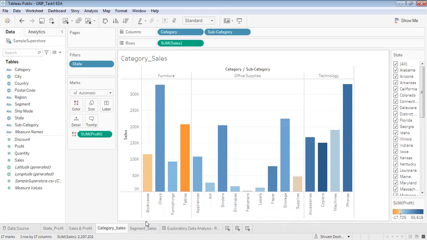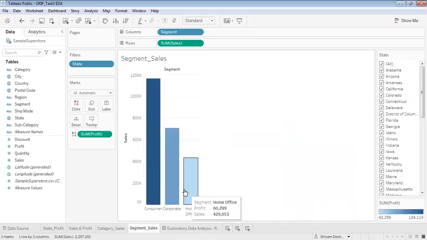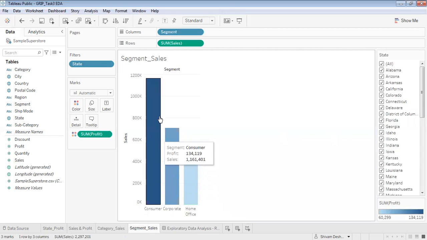Now the fourth is the segment versus sales. Across different segments, the sales have been given. Again, you can see the profit over here. The color mark is used for the profit, and the darker blue shades give us the higher profits. The segments have been given here, and on the y-axis there are sales.